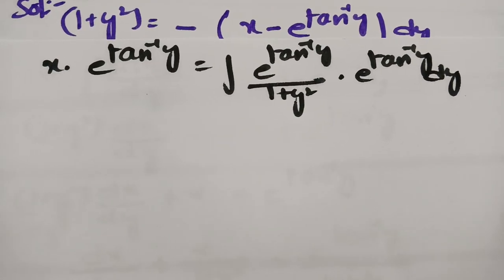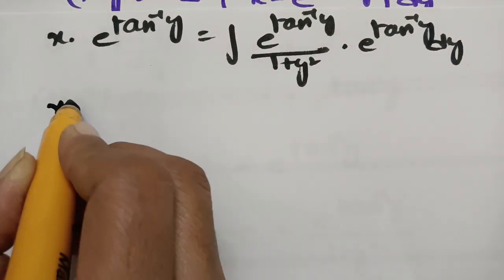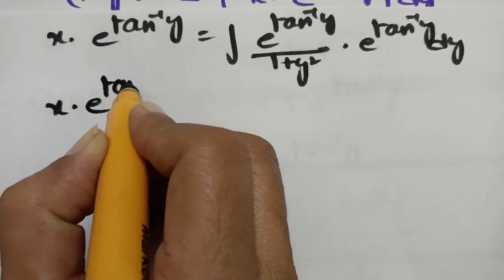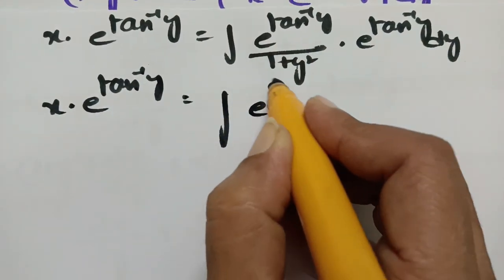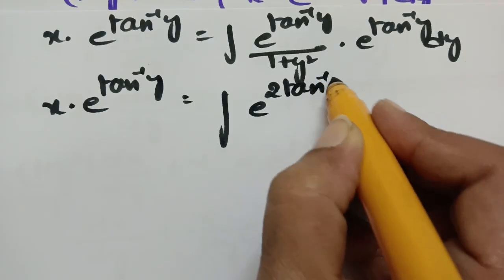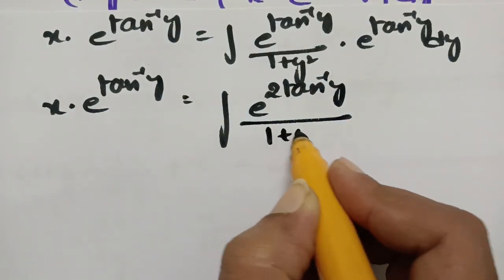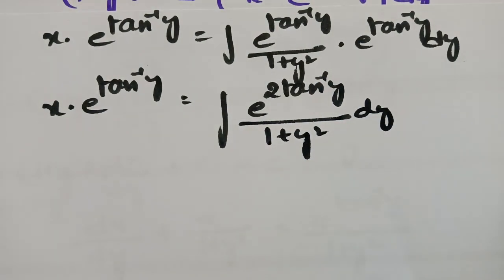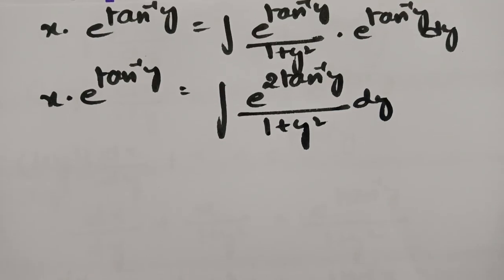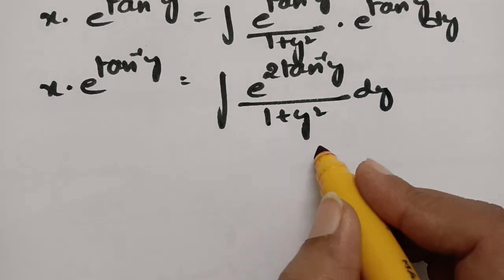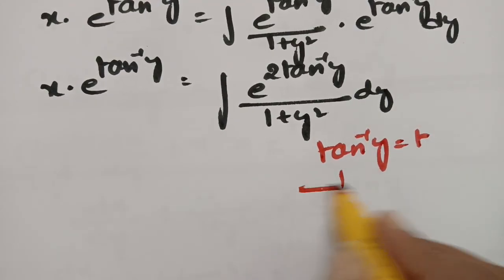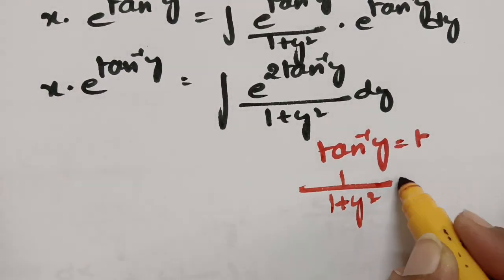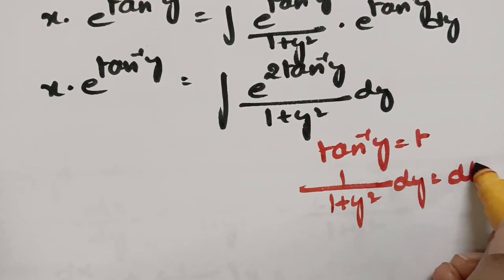So this is going to become x into e power tan inverse of y is equal to, if I multiply, e power 2 tan inverse of y by 1 plus y square into dy. Here is the substitution. If I take tan inverse of y as t, then 1 by 1 plus y square into dy will be dt.